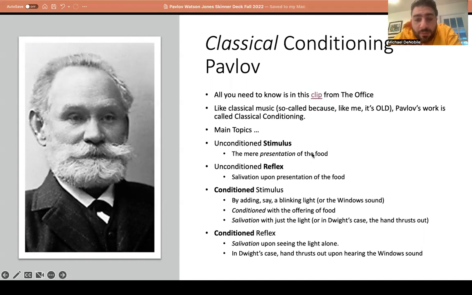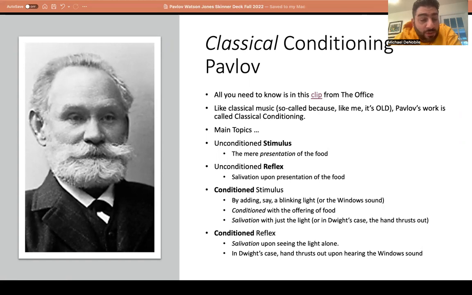I just want to go through the overview of it. You have the unconditioned stimulus, the unconditioned reflex, the conditioned stimulus, and the conditioned reflex. Using the clip from The Office as the model here, the unconditioned stimulus is the mere presentation of food.